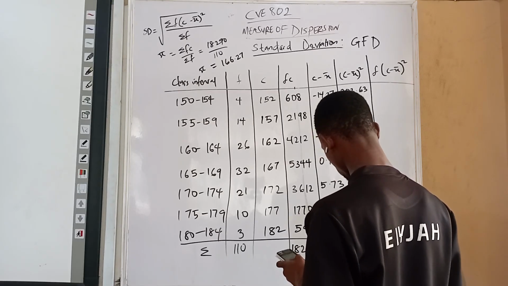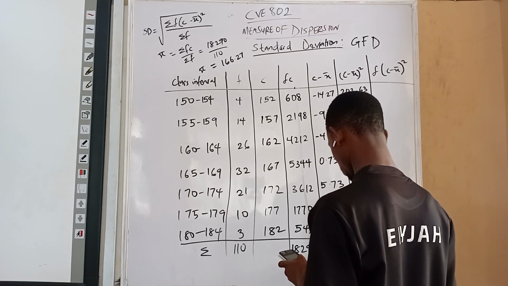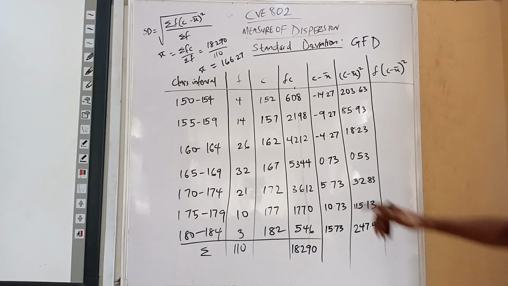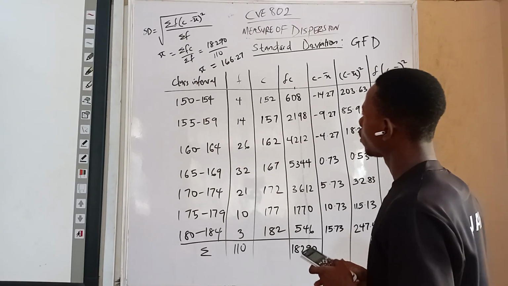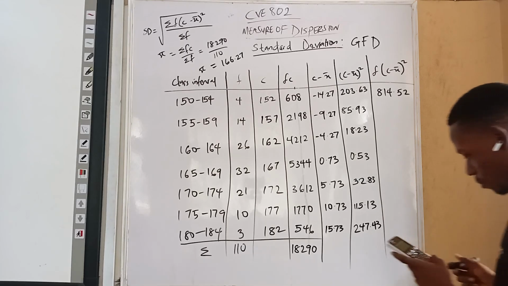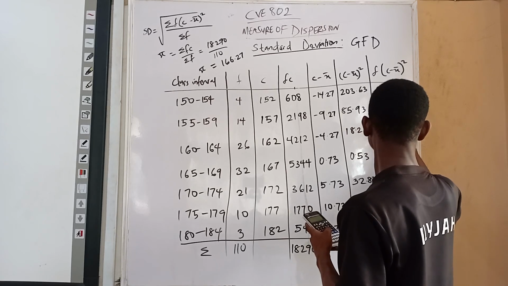So now we square. We start multiplying 4 times 203.63, that is 814.52. Then 14 times 85.93 is 1203.02.